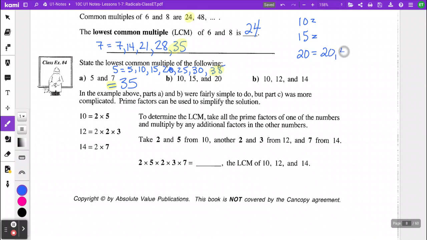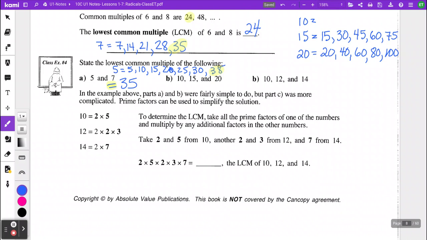So 20, 40, 60, 80, and 100. So I did the first 5 of the larger one. Now I go to the next larger one. So my first one would be 15, 30, 45, 60, 75. So far, 60 is in common with those two.